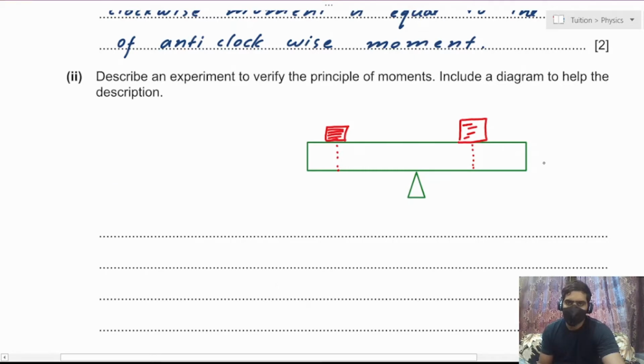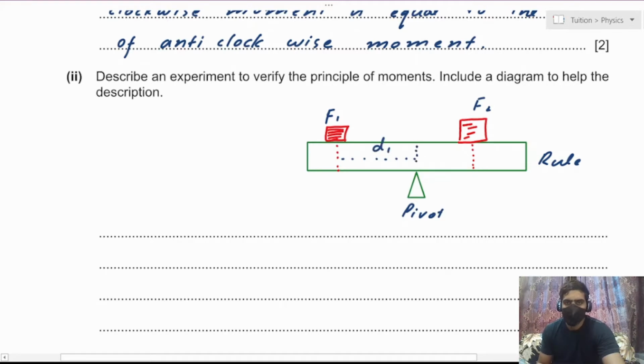So this one was your meter rule, this is your pivot. All right, you can call this one load 1 or F1. This would be your F2, and the distance that you take for the force 1 from the pivot, call it d1.